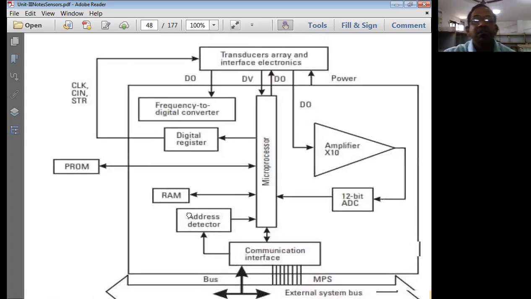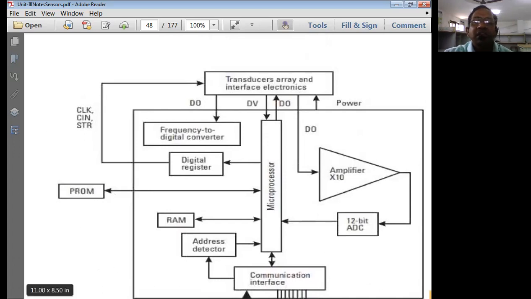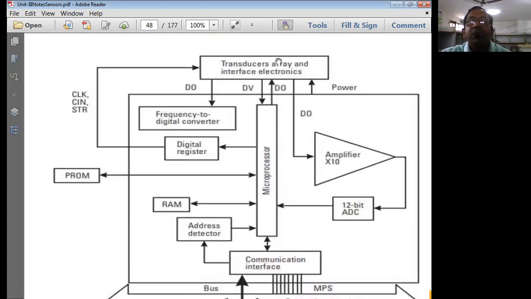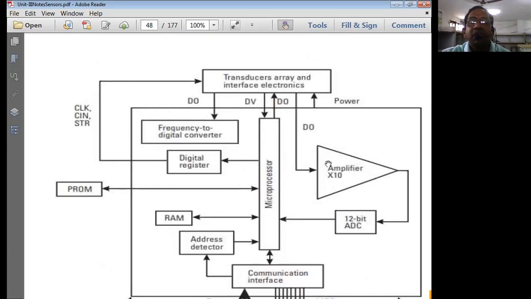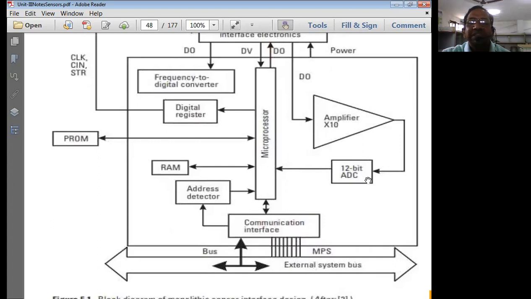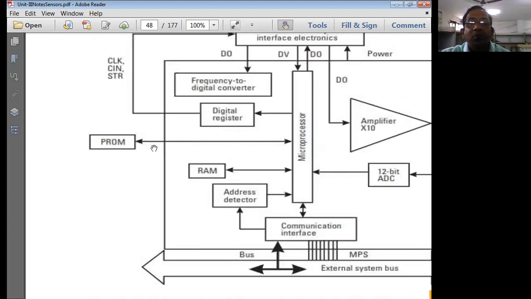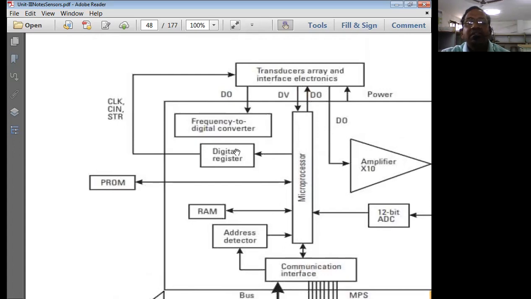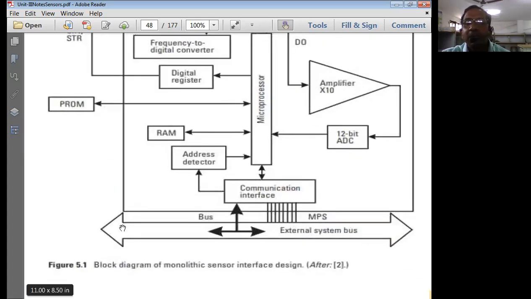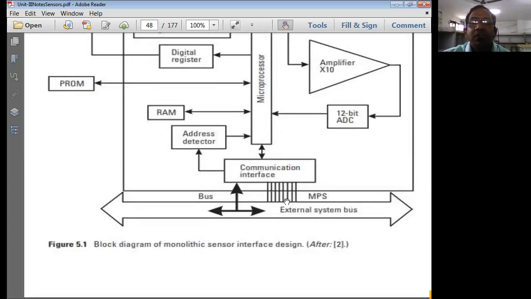The entire thing is sitting in a single chip: the primary transducers, microprocessors, amplifiers, A to D converters, bus units, programmable read-only memories, RAM memories, address decoders, digital registers, frequency to digital converters, and clock signal generators. All these are used inside the smart sensor chip itself, so we can call it a monolithic interface circuit.